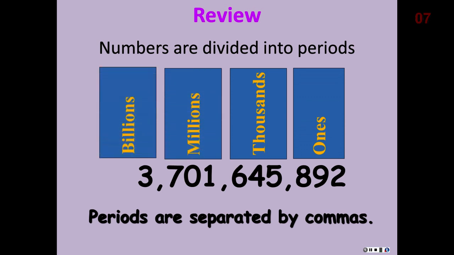And periods, where we're putting those commas, helps us read these really large numbers. And as Elizabeth gave us an example, it really helps you going through that. We start with the ones period, then we have the thousands period, then we have the millions period, then we have the billions period. What's after billions? Trillions. Trillions, okay?